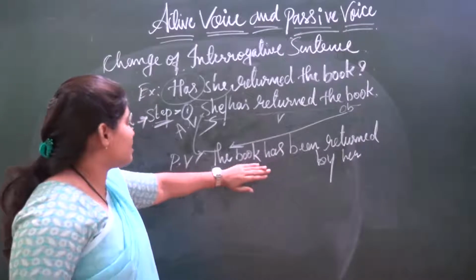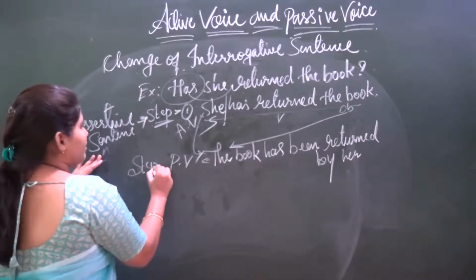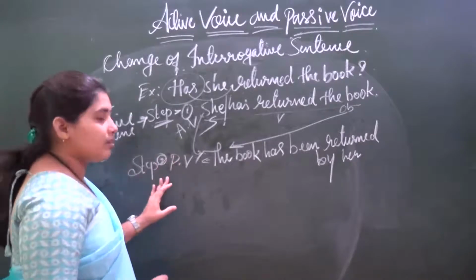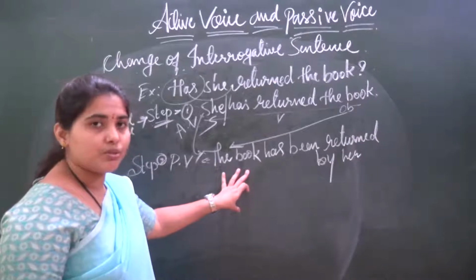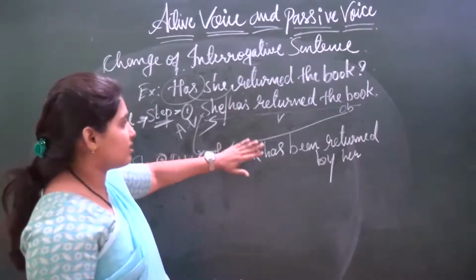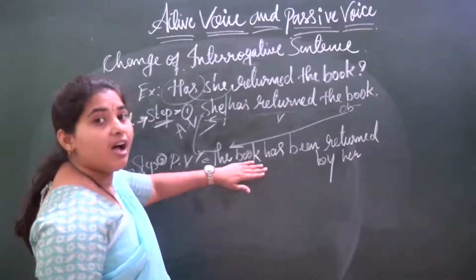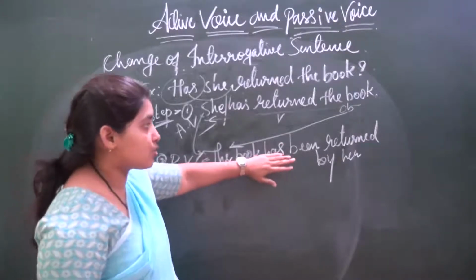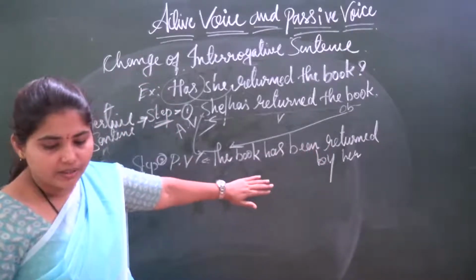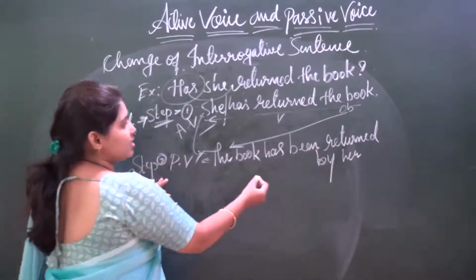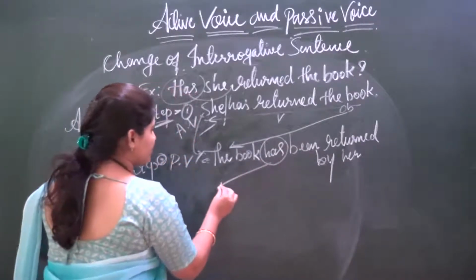Now, this is step second. Now you have to convert this sentence into the interrogative sentence. So this is the passive form of this assertive sentence, and this you should convert into the interrogative sentence. How will you convert it? Just place the auxiliary verb at first.